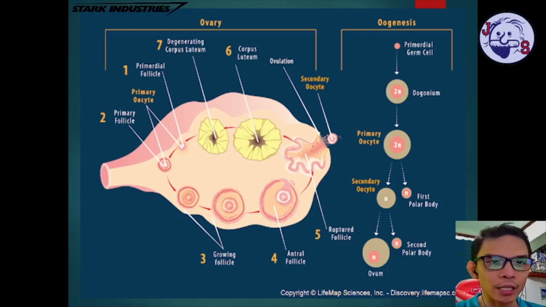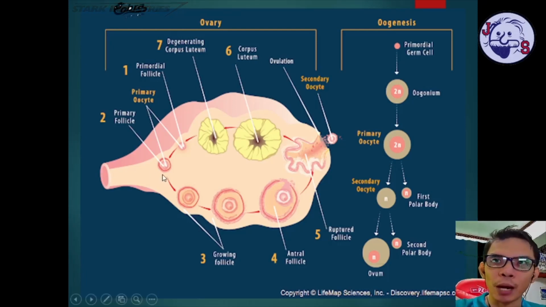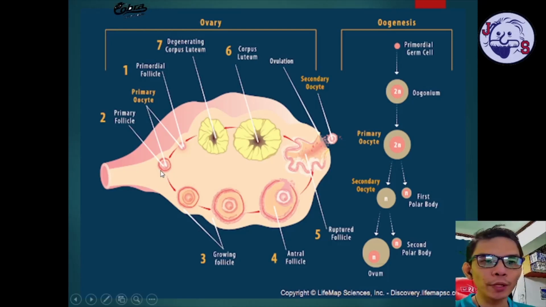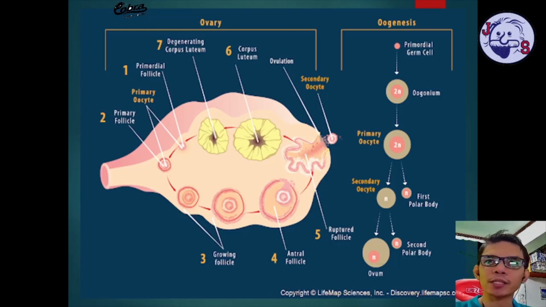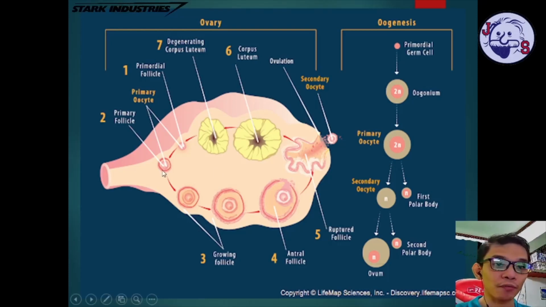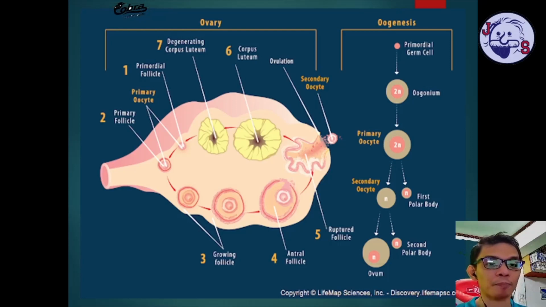As I've said earlier, the egg cell first develops in the primary follicle. Before the puberty stage, the follicles contain a fixed number of egg cells, unlike the sperm cells, which continue to be produced throughout the male's lifetime.